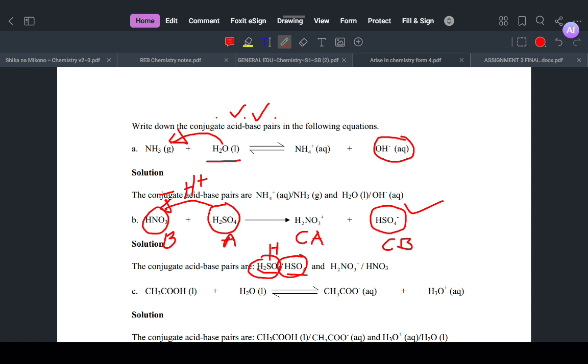Therefore, this is our first pair. The other pair is the species that has more hydrogen, in this case this one, and this has less. Therefore, that's another pair. All right, so I hope we are together there. Let's move on to the next one.